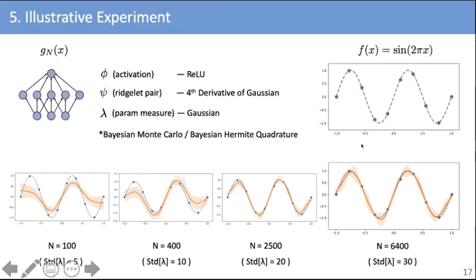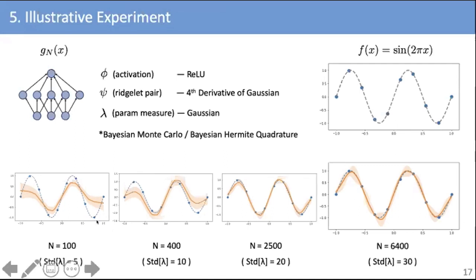The full picture at the bottom of this slide shows the output of the neural network constructed by Bayesian quadrature. For example, in the right-hand side picture, we can see that the output of the neural network captures this sine curve well, with some quantified uncertainty between each point.